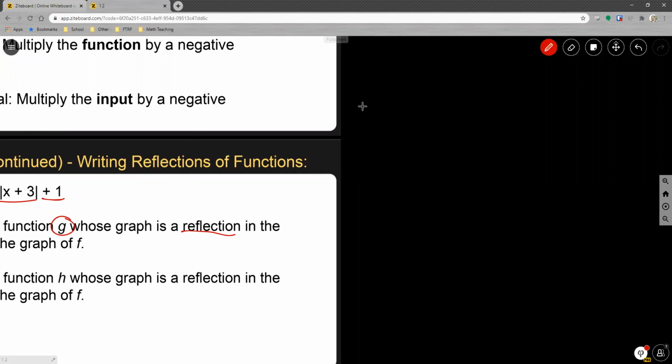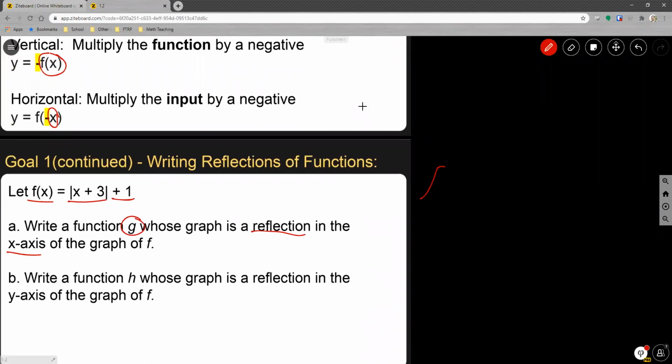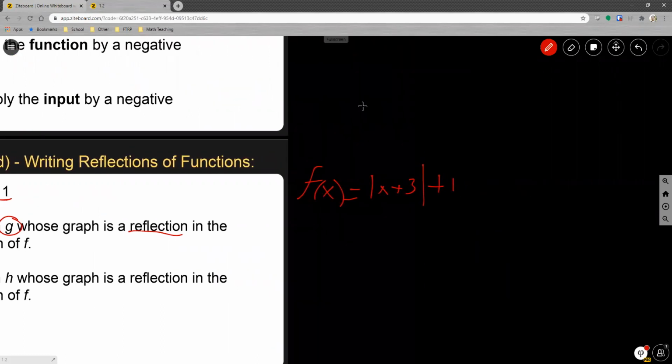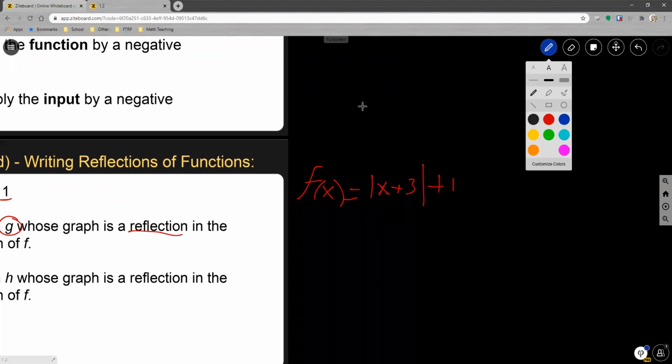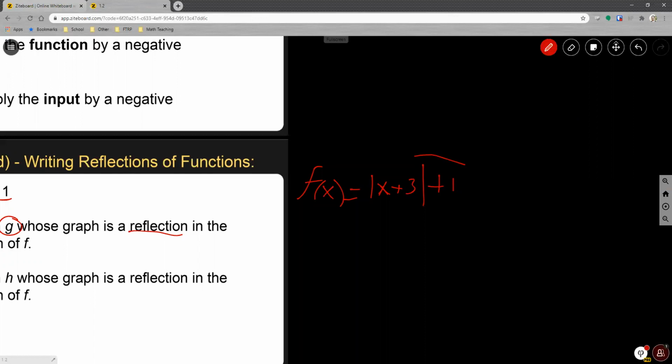So let's try that. My function is f of x equals x plus 3 in absolute value plus 1. Well, this is my whole function currently. So the whole expression is my function. They are equivalent.